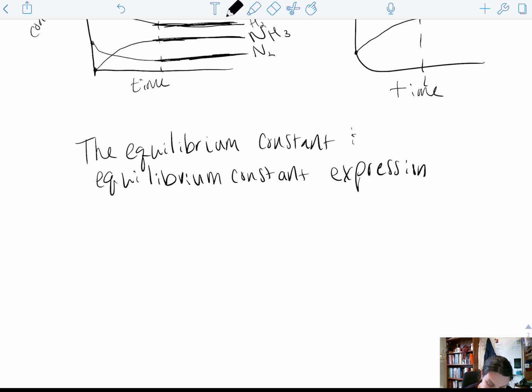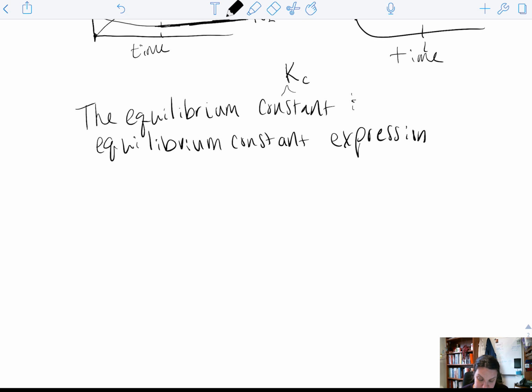So our equilibrium constant, we call this Kc, big K, little subscript c. So our rate, that's little k. Our equilibrium constant, that's big K.